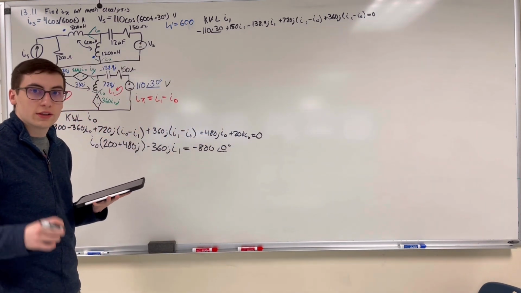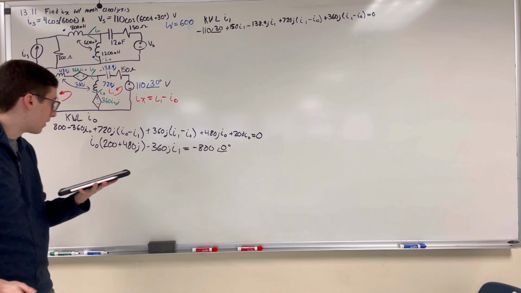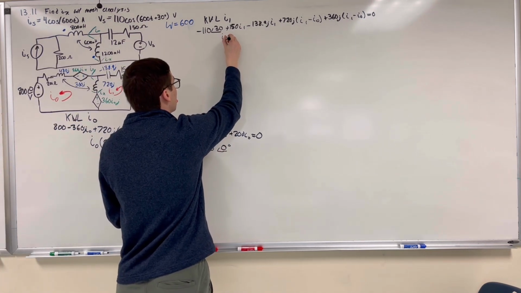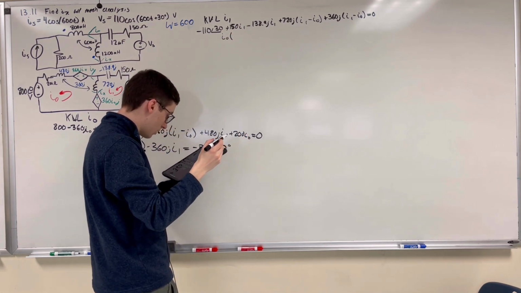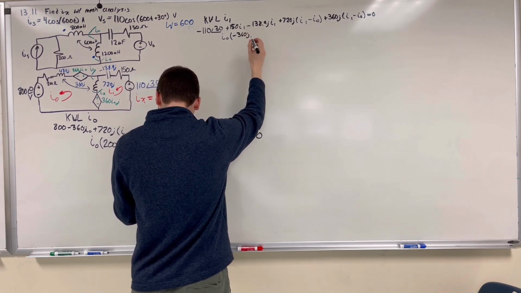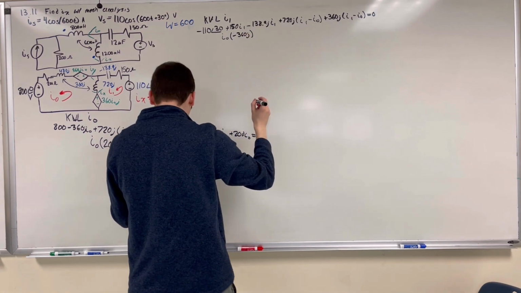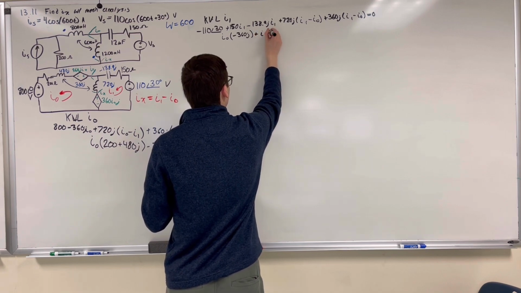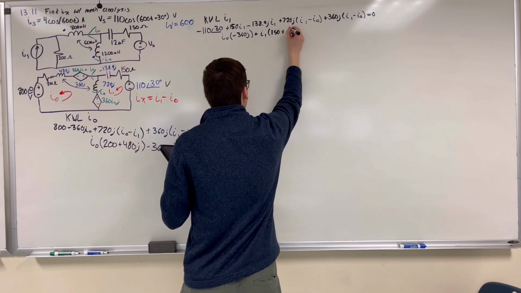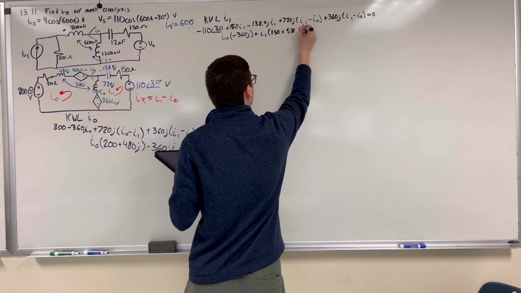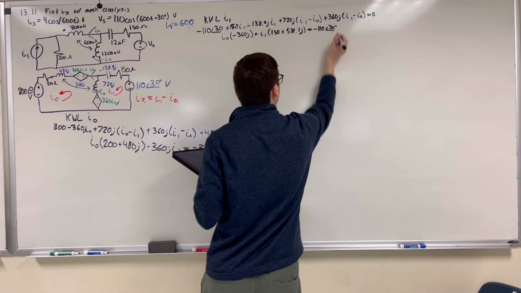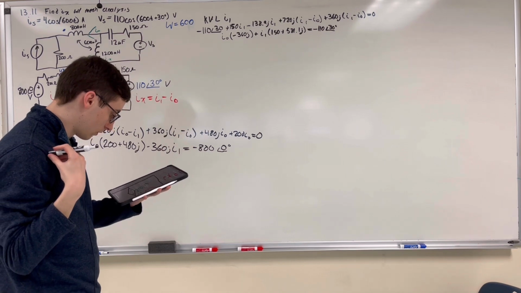All right, so now you guys can do the fun algebra of reducing that into just IO and I1. It is going to be equal to IO times negative 360 J plus I1 times (150 plus 581.1 J), all equal to negative 110 with the phase angle of 30. Boom.